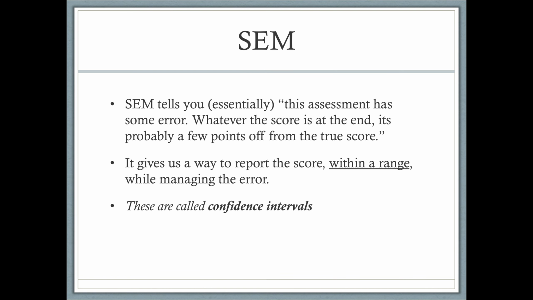So it tells us this assessment has some error, and whatever the score is, whatever your client gets, the true score is probably off by a few points. So it gives us a range. It gives us a range of scores that the person's true score probably lies within. And these ranges are called confidence intervals.